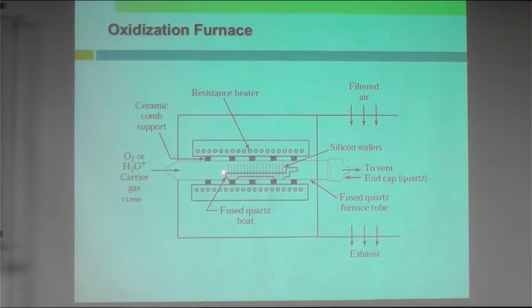Then with control of time and a flow rate of 1 liter per minute, for example, you can get the process done. Whether it's 5 hours or 10 hours depends on the required thickness of your silicon dioxide.